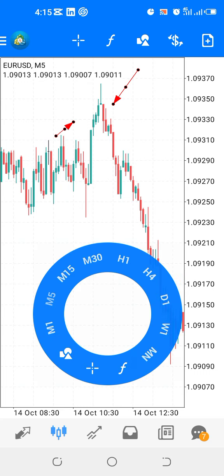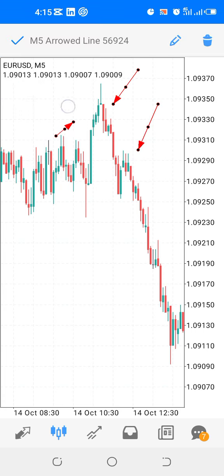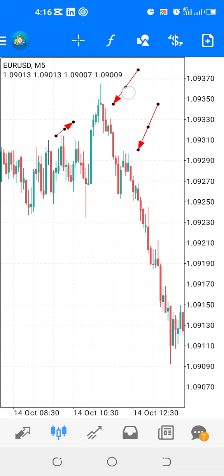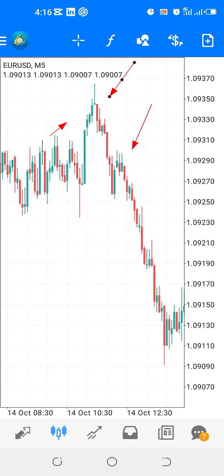While this other area represents the second shoulder. So shoulder 1, the head, then shoulder 2.